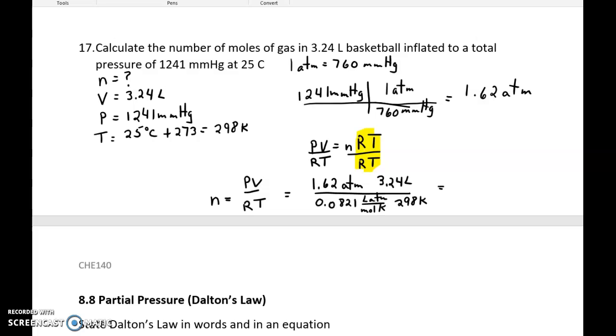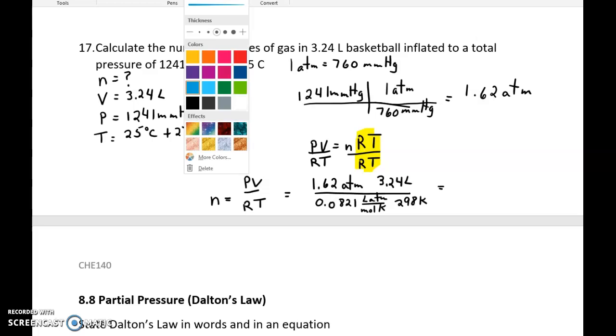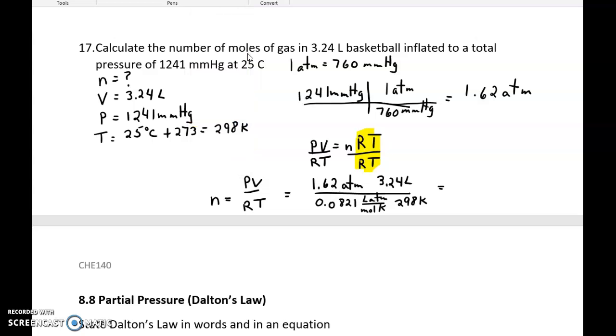Always check your units. If you've forgotten to switch something like millimeters of mercury, it will become obvious when you set the problem up and you have a unit that doesn't cancel. So let's get up here. I want to make this a real thin line so that we can still see it after I've crossed it out. So let's cross out atmospheres.